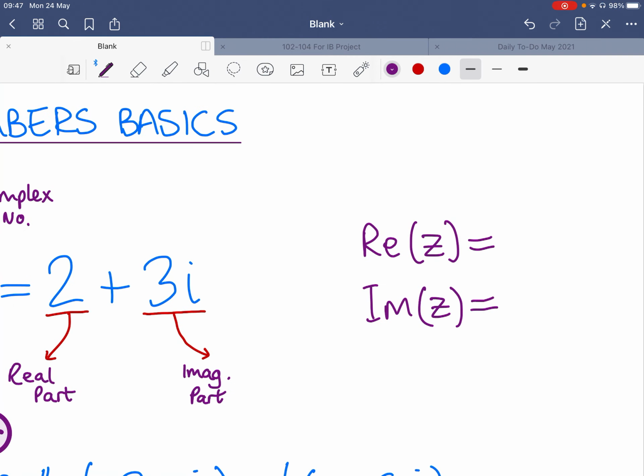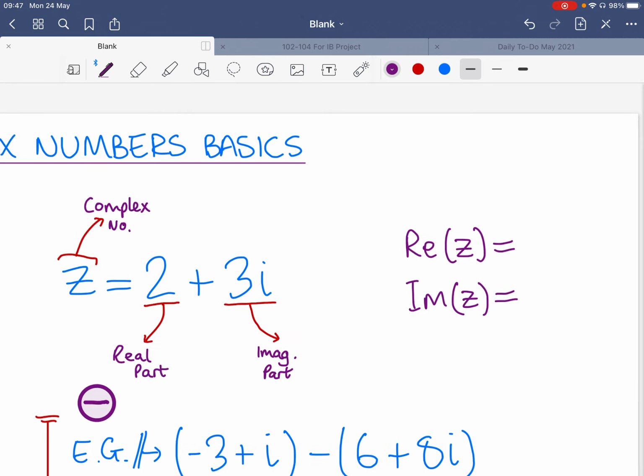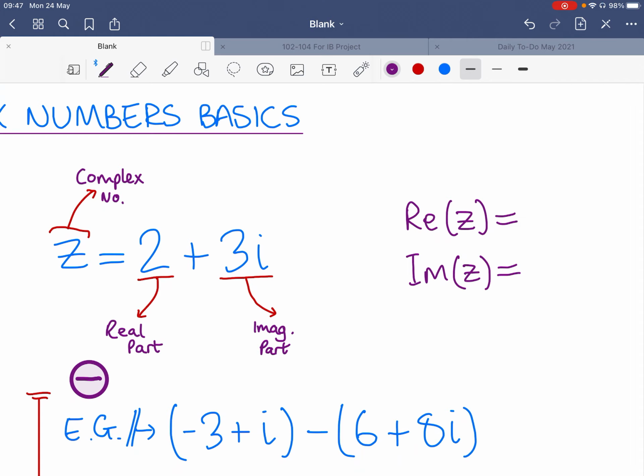You can also see this notation here, Re for real, so the real part of Z would be 2. The imaginary part is 3. Meaning that Z was 2 plus 3i.